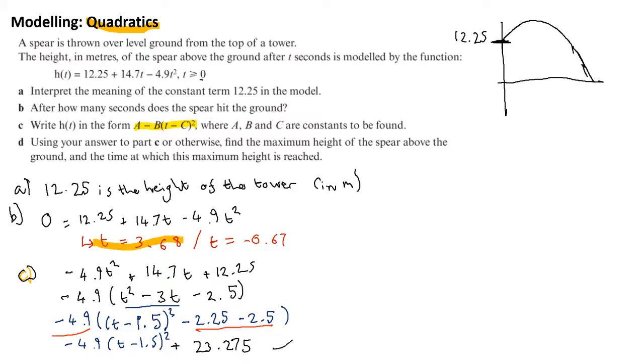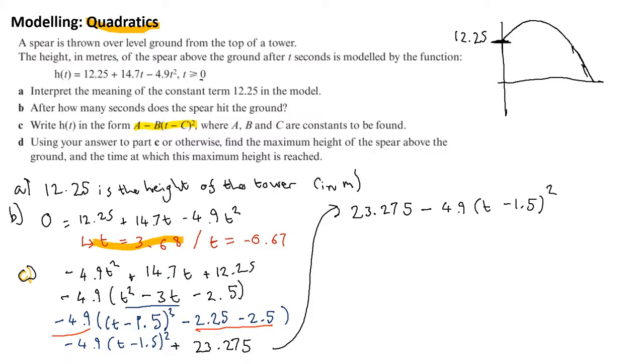And so now it's written like that. All we just need to do is rewrite it. So rewritten, it becomes 23.275 minus 4.9 times t minus 1.5 squared.